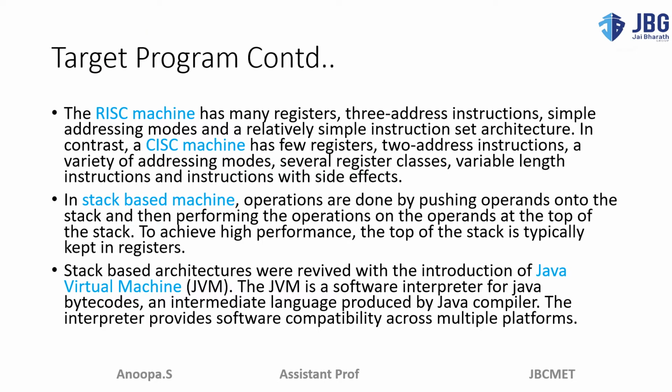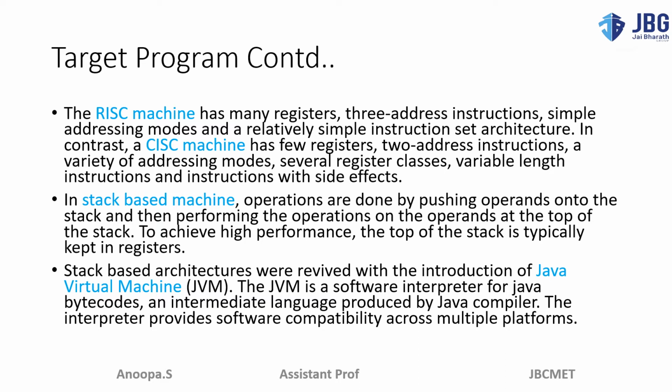If we are using a RISC machine, it has many registers, three address instructions, simple addressing modes, and a relatively simple instruction set architecture. If we are using a CISC machine, it has few registers, it has two address instructions, a variety of addressing modes, variable length instructions, several register classes, and instructions with side effects will also be there.